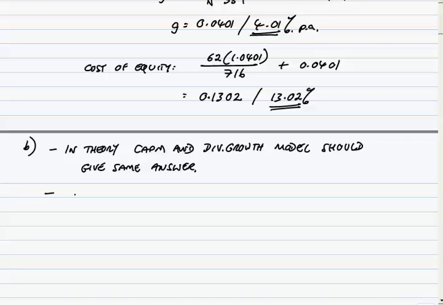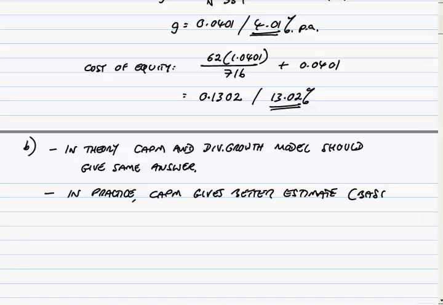In practice, capital asset is regarded as giving a better approximation. It's hard to talk and write at the same time. Or a better estimate.